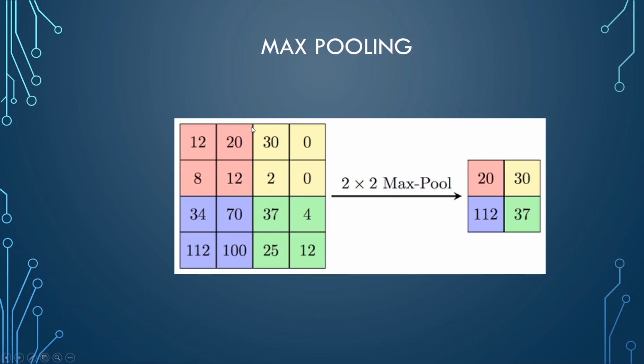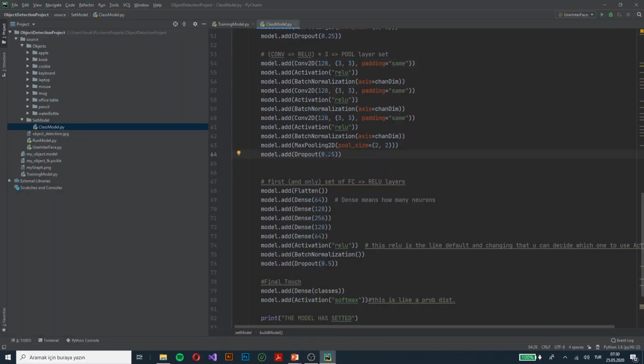For example, in this case, we are gonna see 12, 28, 12 values. The biggest one is 20, sorry. We are gonna take 20 for this new image, and for this part of data we are gonna take 30, and we are creating a new image. And in this case we are gonna be more efficient in real life.